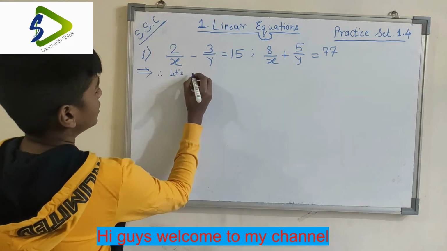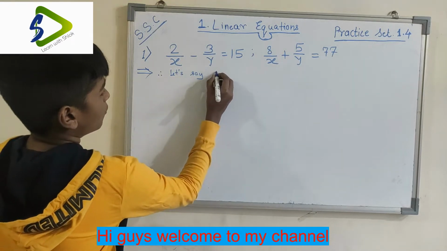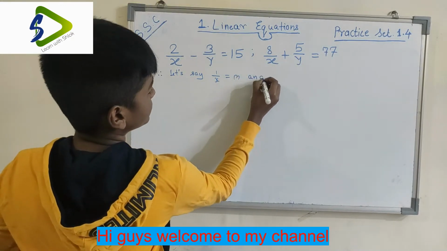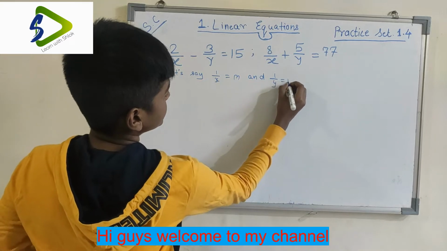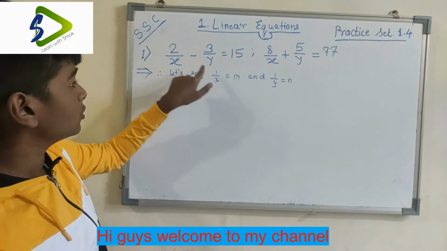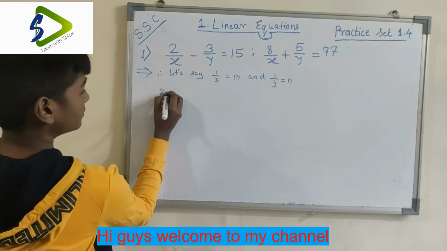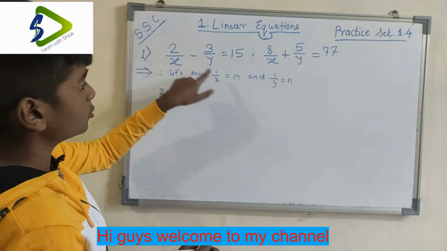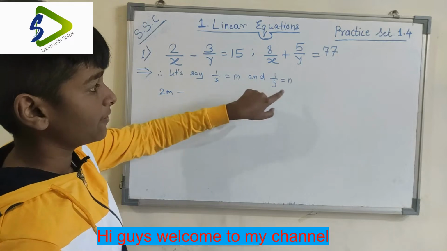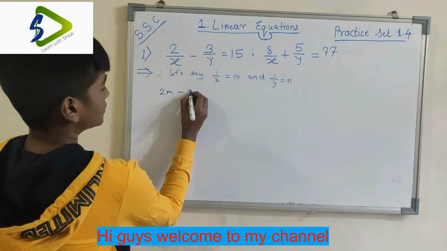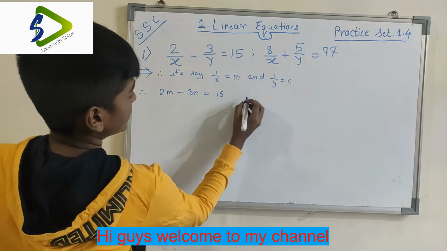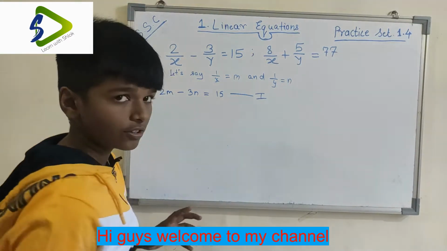Our equation becomes 2m, because 1 by x is m, so 2 by x will be 2m, minus 3 by y. 1 by y is n, so 3 by y will be 3n. So 2m minus 3n is equal to 15, and that is the first equation.